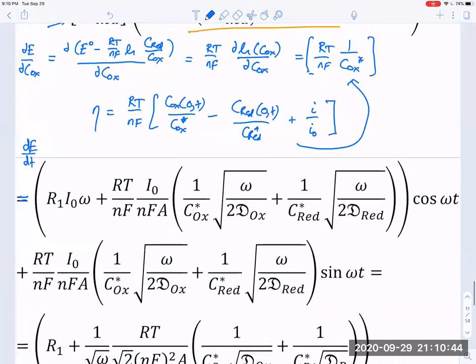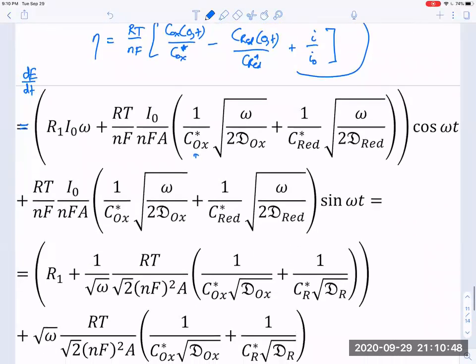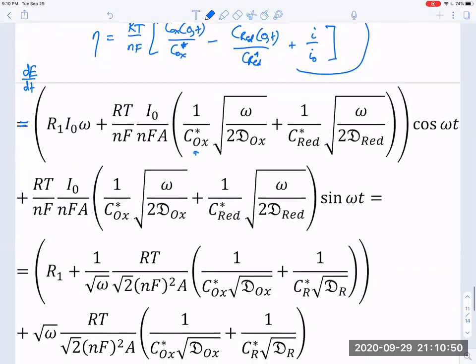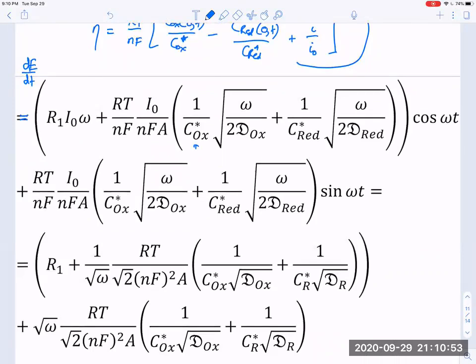So just plugging in things again. So we see here, this is new, it's coming in. Rearranging a little bit of stuff. I've left a couple things out that I'm just going to fill in. I didn't want to write out the whole thing again, but what's missing here is that we're going to pull out I0 omega cosine omega t multiplied by all this R1 term, which is basically the resistance of the voltage current relationship, this R1.